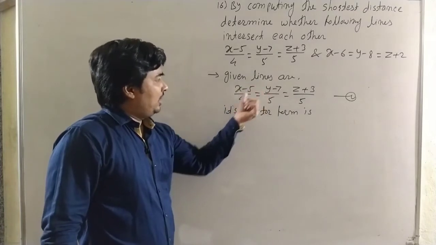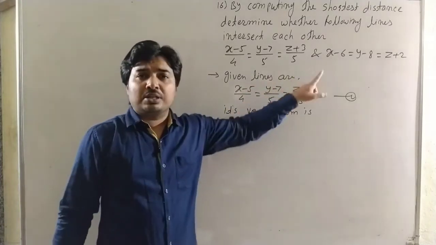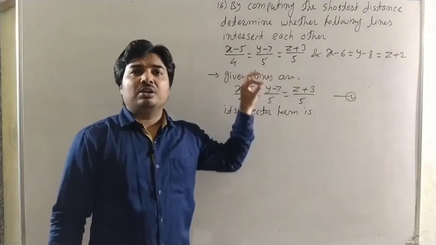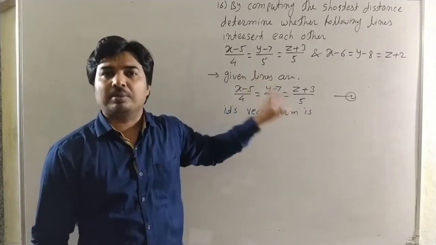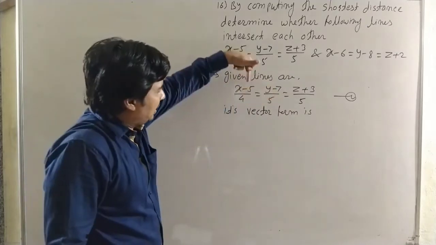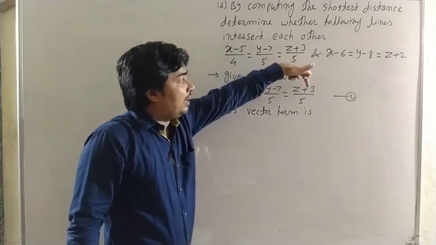The Cartesian form is (x minus x1)/a equal to (y minus y1)/b equal to (z minus z1)/c. We want to write the equation of the line in vector form, that is r bar is equal to a bar plus lambda b bar. Here a bar is the passing through point, which is 5, 7 and minus 3.